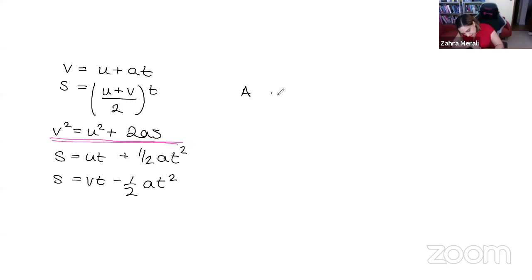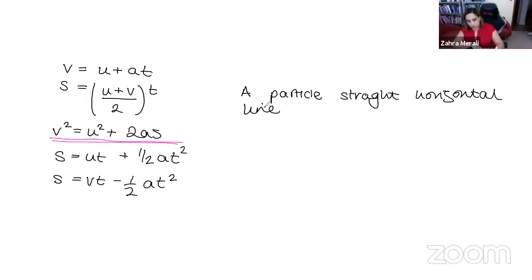You've got a particle moving on a straight horizontal line with a constant deceleration of 4 meters per second.